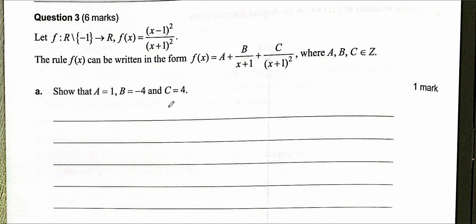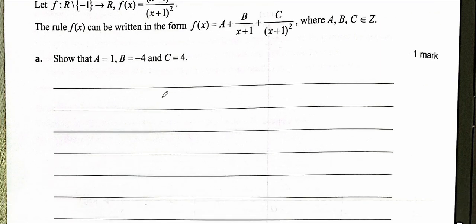Question 3. We have a rational function here, and we need to show, using partial fractions, that a is equal to 1, b is equal to negative 4, and c is equal to 4.